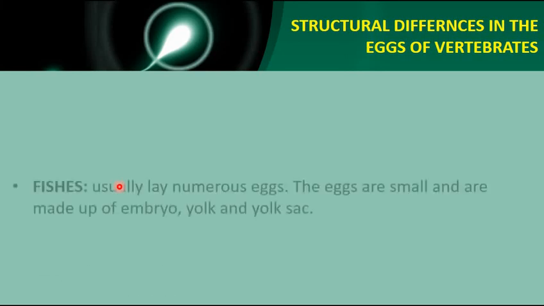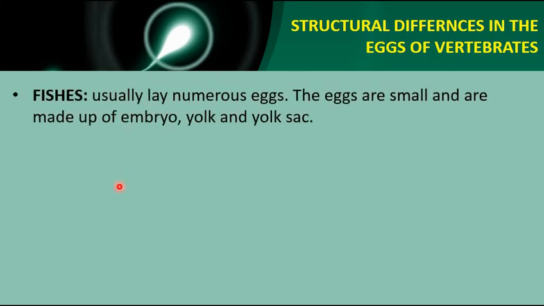What are the differences? Now let's look at the eggs of fishes. Fishes usually lay numerous eggs. We did that last week. The eggs are small and they are made up of embryo, yolk and yolk sac. While when we look at the amphibians, they lay many small eggs, not as numerous as fishes.